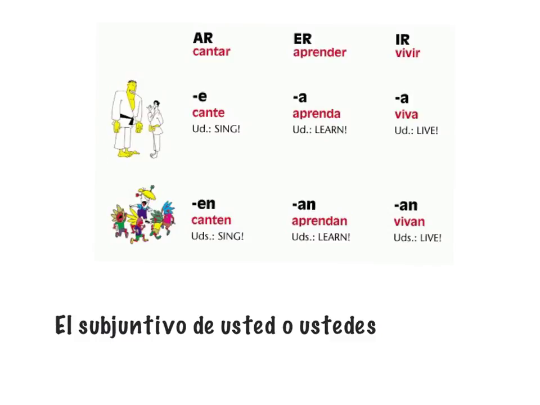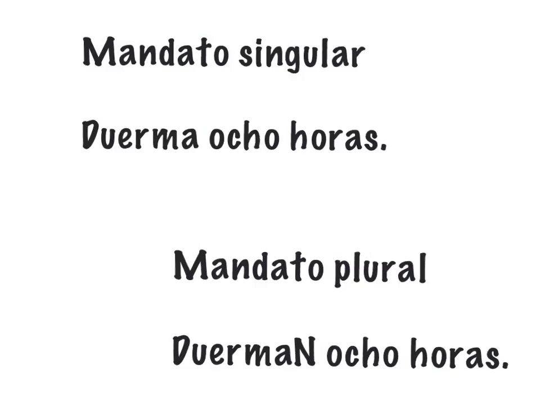You follow the same rules that you follow when you conjugate the subjunctive, but you are limited to usted and ustedes. So we have singular commands, duerma 8 horas. And we have plural commands, duerman 8 horas. You add an N at the ending of the verb, and that's it.